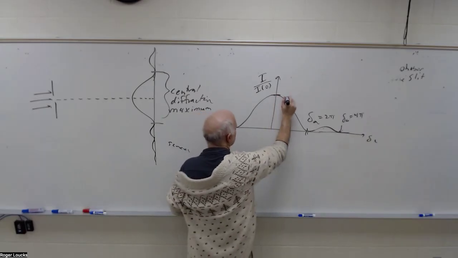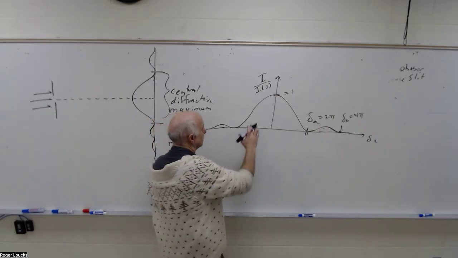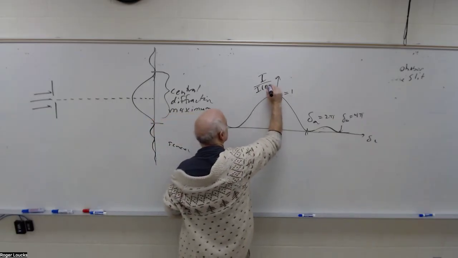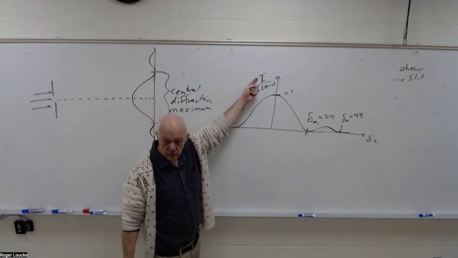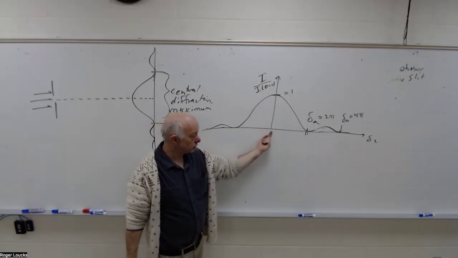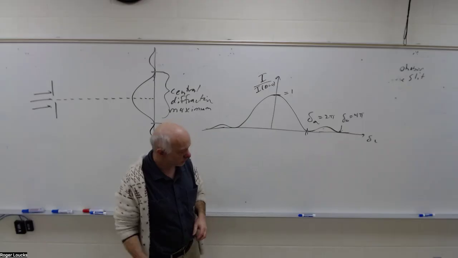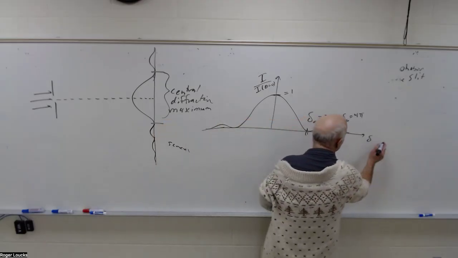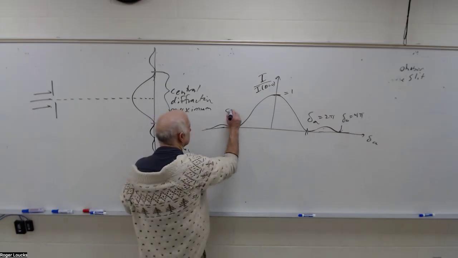And the intensity over the intensity of 0 is going to be 1. In other words, your center. So you're basically comparing the intensity at any point along that screen compared to the intensity at the center. So if you're at the center here, then by definition you have to have 1. That makes sense? And this would be my delta A.